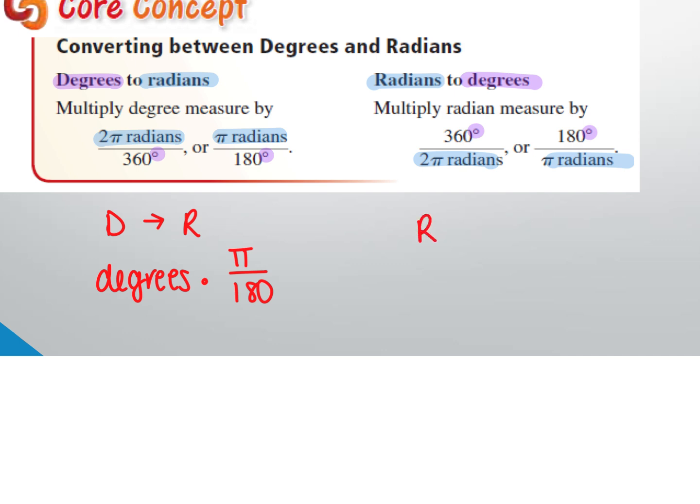And when they're giving me radians or asking for radians to degrees, I'm going to use radians times 180 over pi. Keep in mind this 180 is my degrees. Keep in mind, if you're wondering where I'm getting this and why I'm multiplying it, it literally says right here, multiply degree measure by this, which is the one I'm using, and multiply radian measure by this, which is what I'm using.